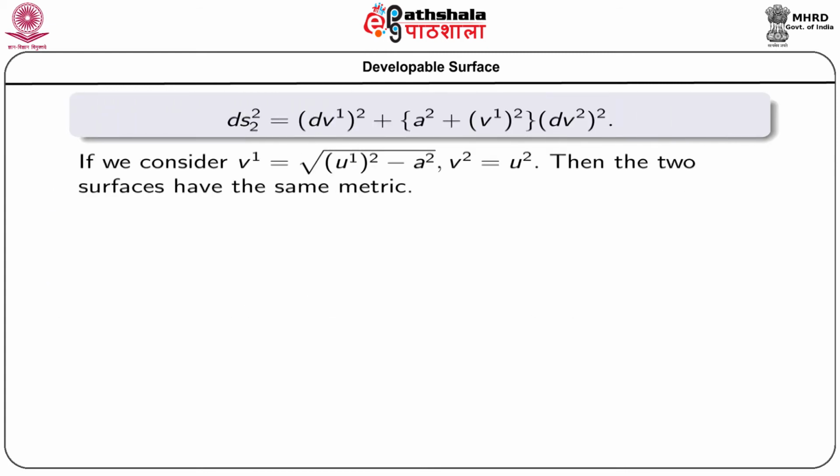So, ds2 square, that is the first fundamental form for the helicoid, can be calculated as this one: dv1 square plus (a square plus v1 square) dv2 square. Now, if we consider v1 equals square root of u1 square minus a square and v2 equals u2, then the two surfaces have the same metric.